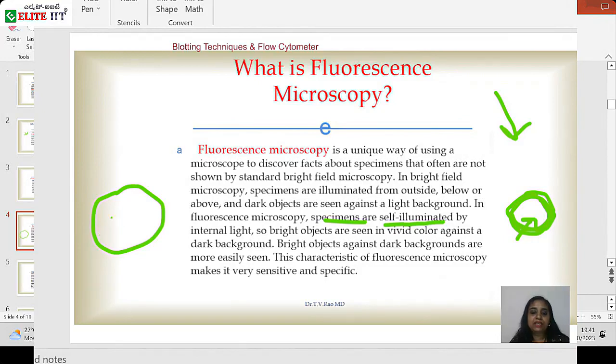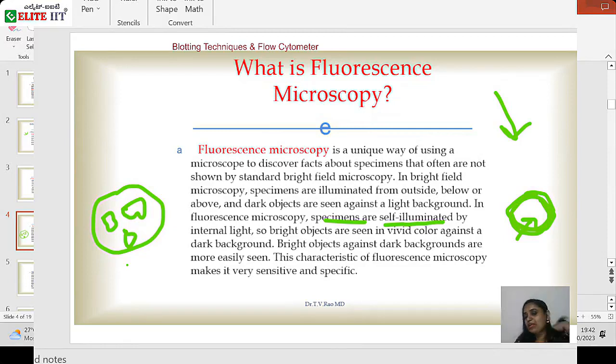In bright field microscopy, specimens are illuminated from outside, below, or above, and dark objects are seen against a light background. So the background will be white, and the cells will be darker. You will find a dark part at the cell position, and on the surface there will be less color.